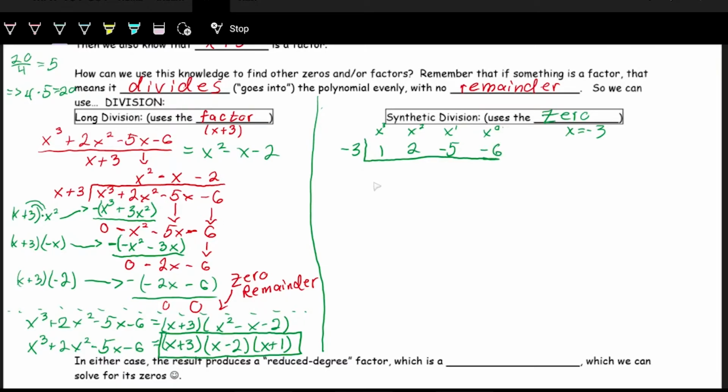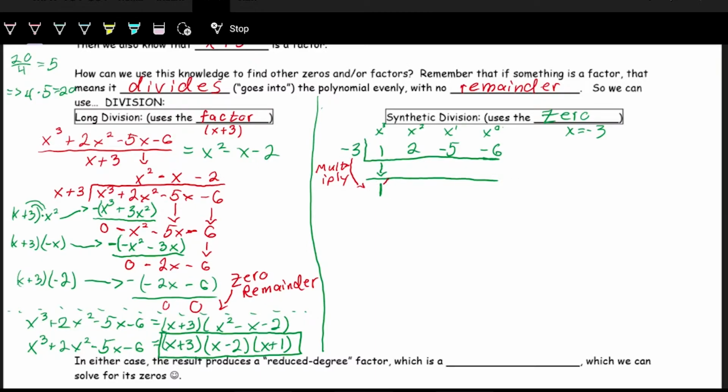Then what we do follows an algorithm process, like we did with the long division. We first carry down the 1, that leading coefficient, and then we multiply. We multiply the -3, that zero, with the number on the bottom.